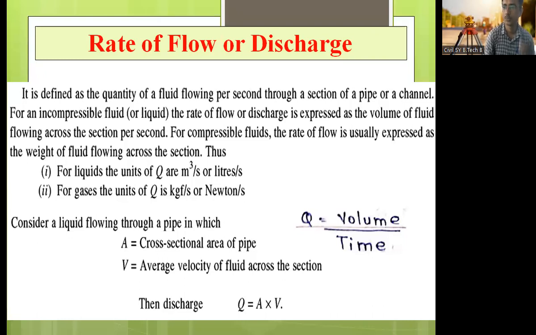Then write on the second formula Q is equal to area into velocity, and write on here capital A and what is capital V.